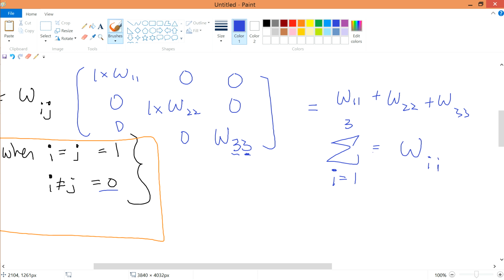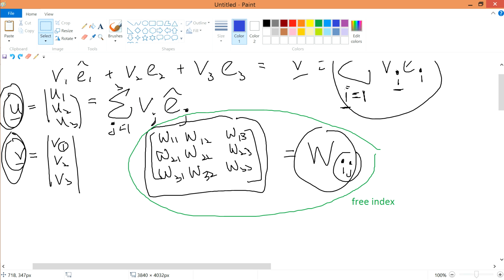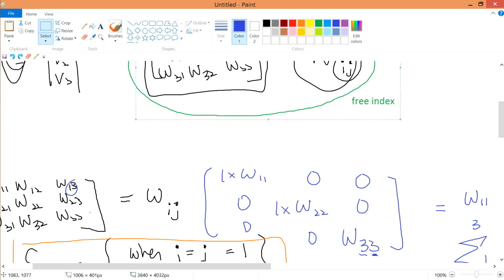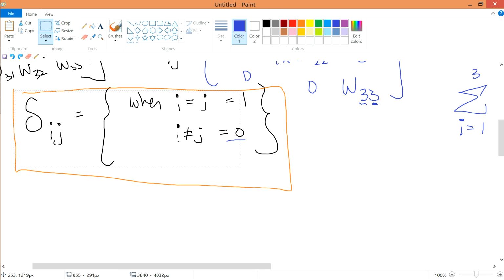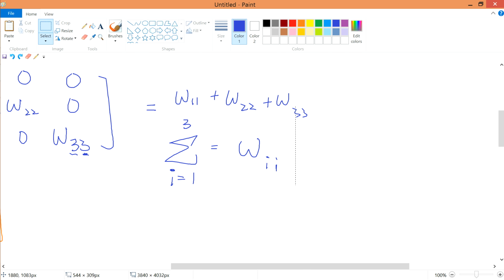So if it's 1, then I'll just write 1 1, 2 2, and 3 3. I hope this is pretty clear. So far we have derived the free indices, and then we applied the canonical delta, and we achieved the dummy indices. This is only one form.